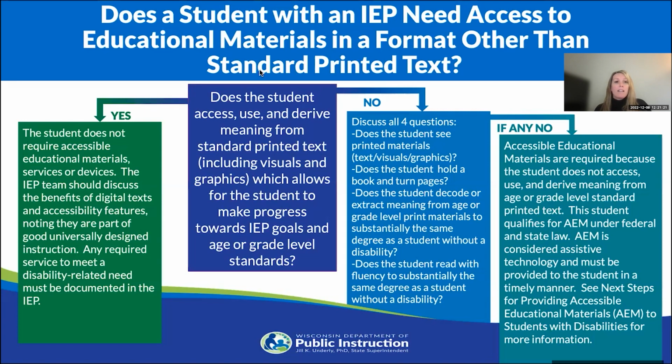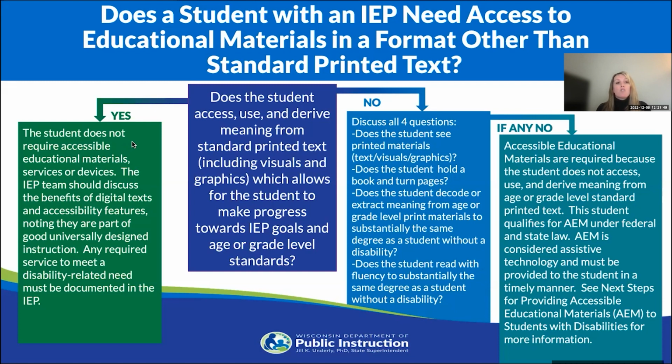As we move back to this main question, again, that question that matches that prompt on the special factors form. Does the student access, use, and derive meaning from standard printed text, which allows for the student to make progress towards IEP goals in age or grade level standards? If that answer is yes, then we move to the left. The text in that box reads, the student does not require accessible educational materials.